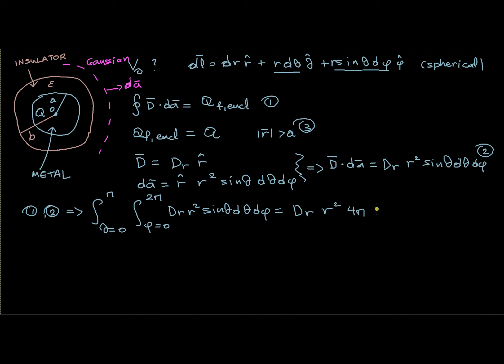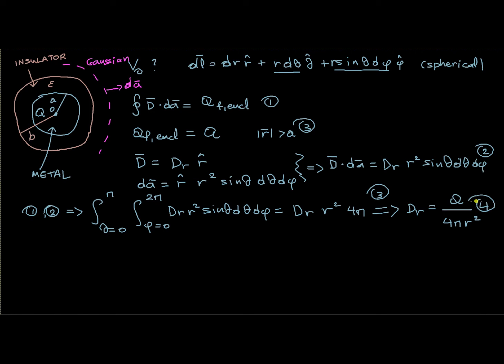Now this is the left side. Combining this result with equation 3 gives me that Dr is Q over 4 pi r squared. Let's call this equation 4.